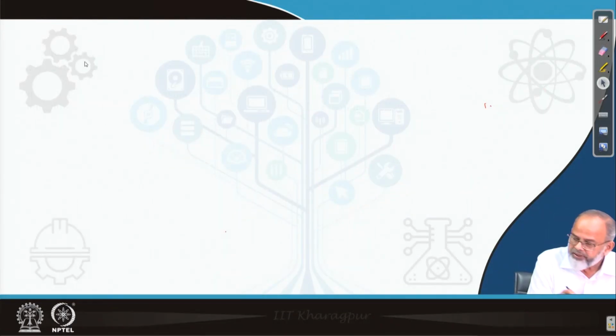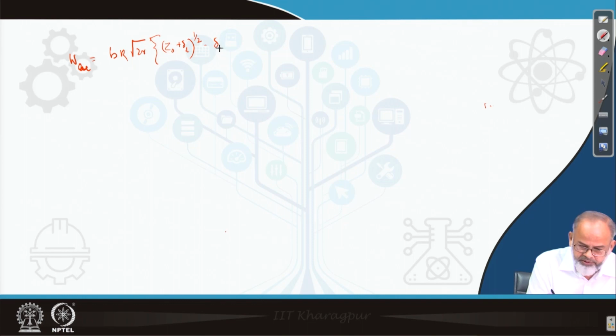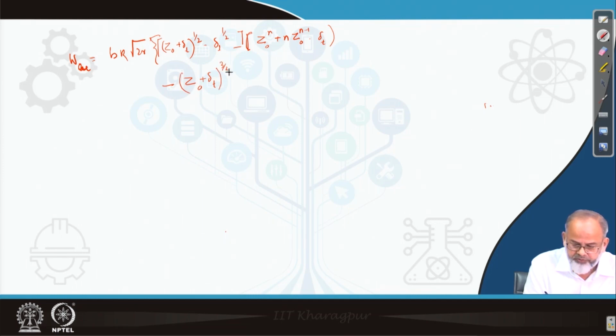So what we will be getting is an expression. We will be getting finally W2, which means the load on the curved portion, W2 will be equal to bk raised to the power 2 upon twice r, into z0 plus delta t raised to the power half minus delta t raised to the power half, into z0 raised to the power n plus n z0 to the power n minus 1 into delta t, minus z0 plus delta t raised to the power 3 by 2 minus delta t raised to the power 3 by 2.